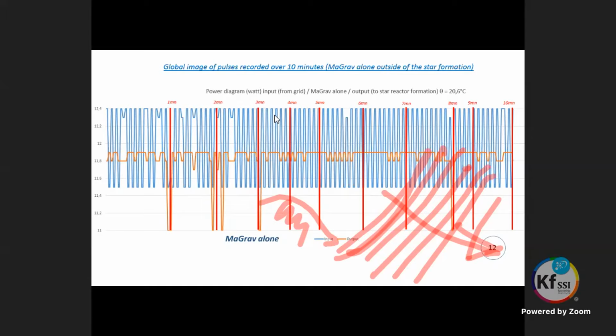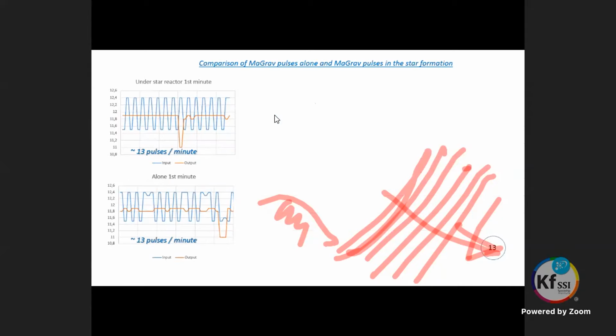And here's the interesting part, Armin: he did two tests. One is the Magrav that he made alone, outside of the star formation, which is what we see here. He also did a test with the Magrav inside of the star formation, and that showed a totally different formation for the pulses, as you can see there.